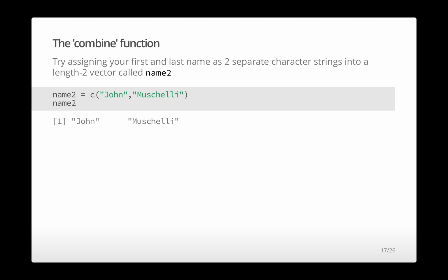I know, really exciting. Now we have a vector of length 2. As long as they're the same type, everything stays the same. John, Michelle, 2 separate words.